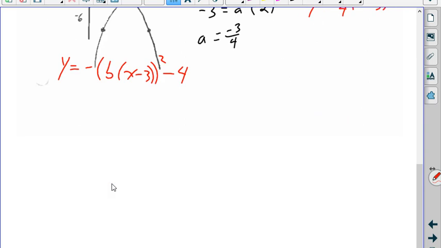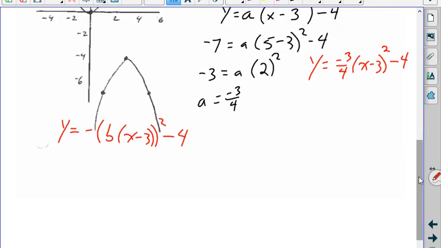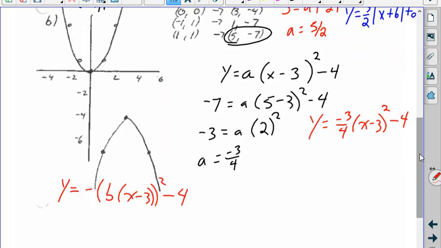Again, plug in your values. Pick a point other than the 3, -4 that we used to start with. We could pick 1, -7 or 5, -7. Doesn't matter.